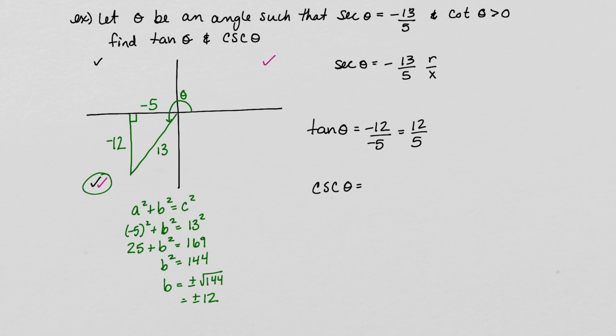And so remember, cosecant of theta is hypotenuse over the opposite, or r over y. So this is going to be the r, which is 13, over the y, which is negative 12. And you could leave it that way with the negative in the bottom. You could put the negative in the top. You could put the negative out in front. You could put it wherever you want.